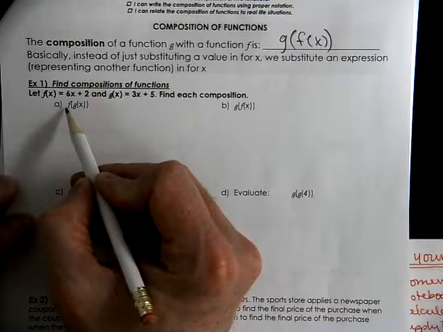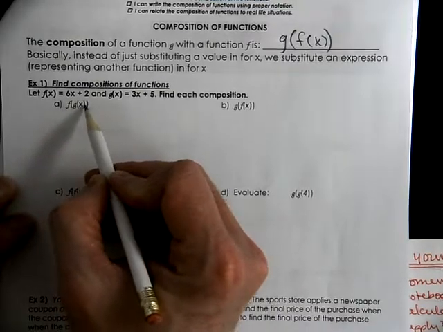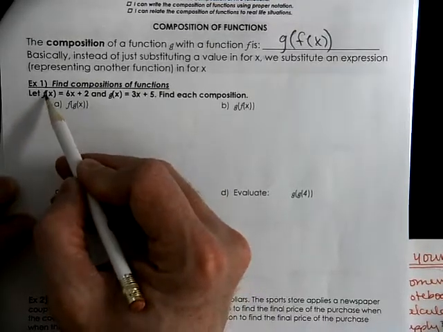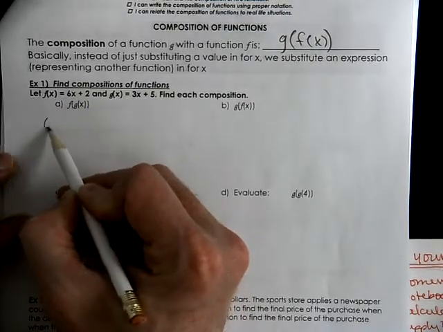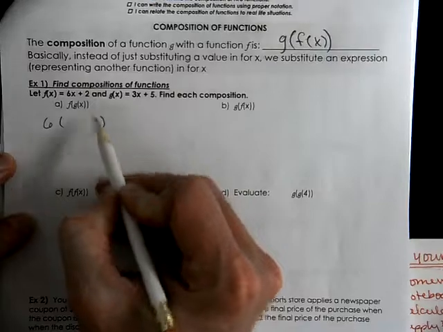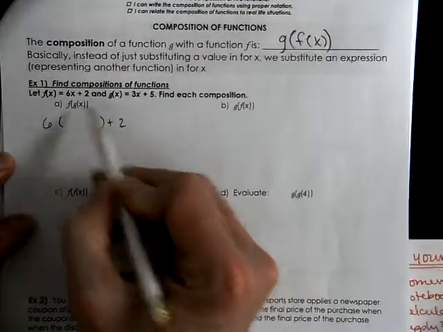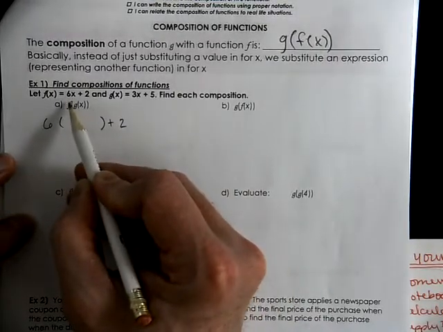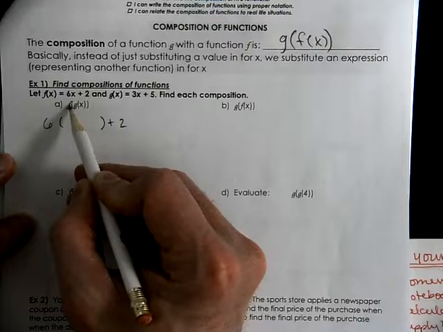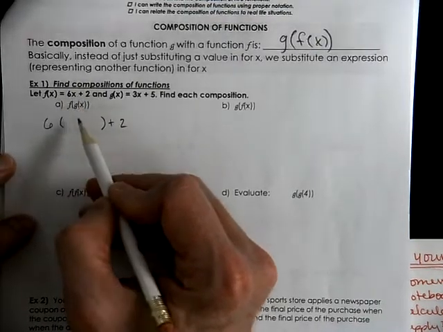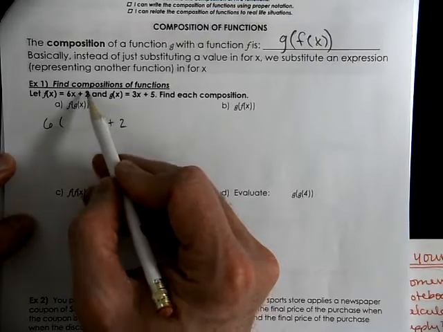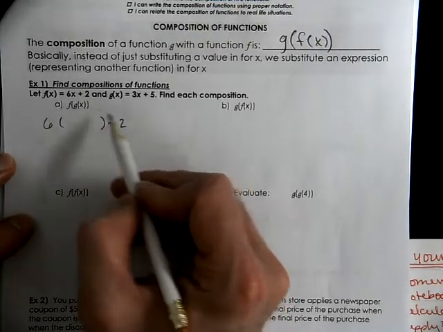So notice here, this is f of g of x. So we're going to start with the f function. The f function is 6 times something plus 2. The f function, that's the letter on the outside. 6 times something, 6 times x, plus 2.